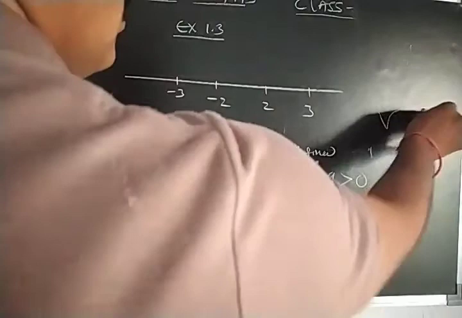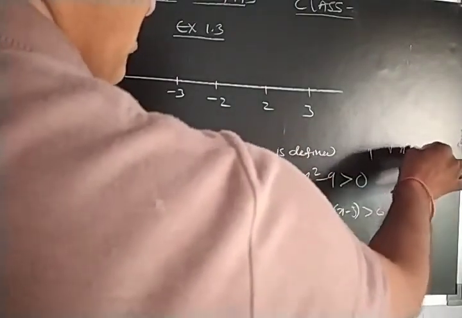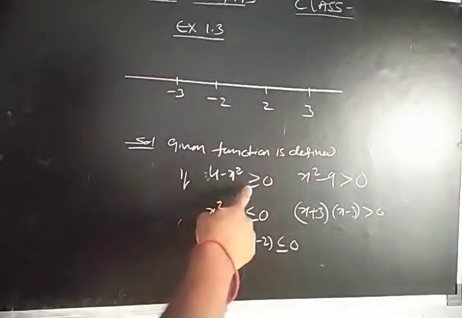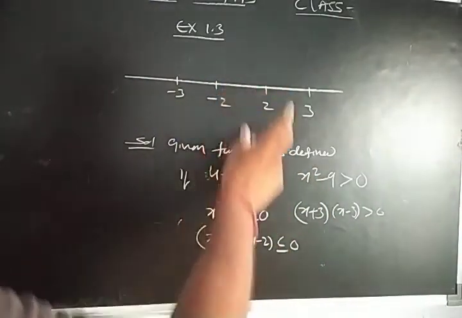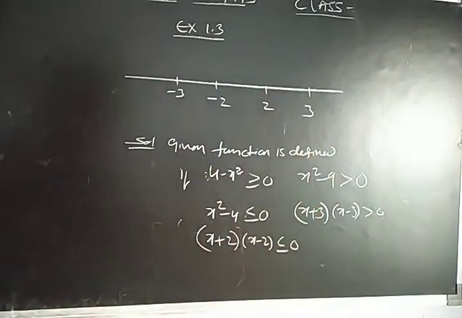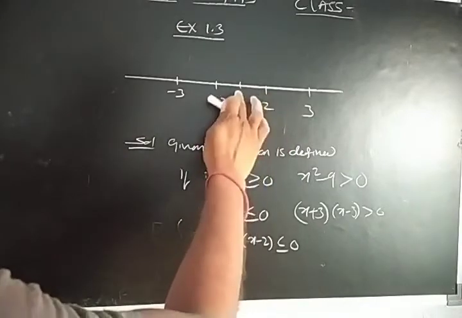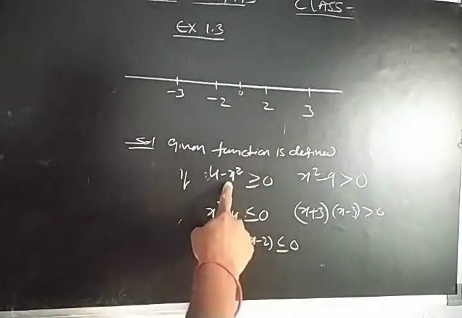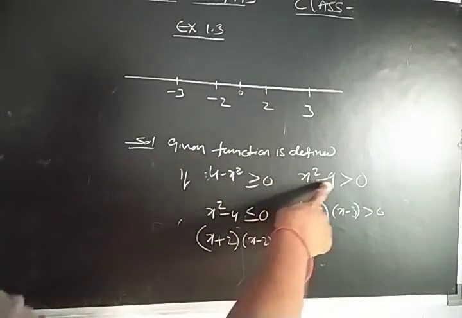What is the function? 4 minus x square by x square minus 9. Which values will satisfy both conditions at a time? Suppose I am taking the mid value between minus 2 and 2, I am taking 0. Substitute 0: 4 minus 0 greater than 0 minus 9?